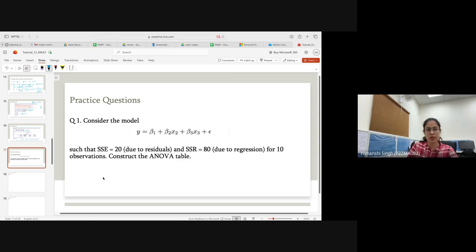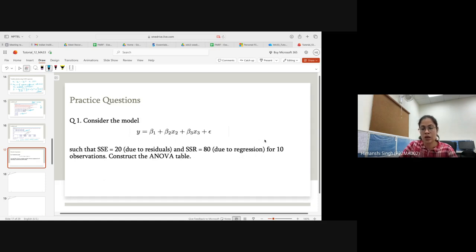So this is the question where I'm considering a model with three coefficients, beta 1, beta 2, beta 3, and two explanatory variables, x2 and x3. Here SSE is given, that is due to residuals, and SSR is given, that is due to regression.